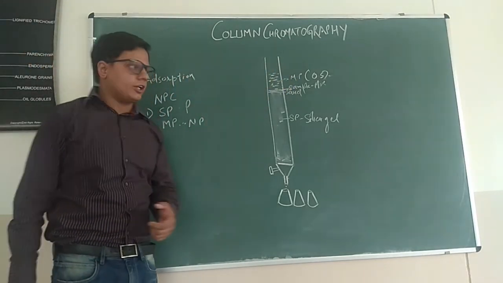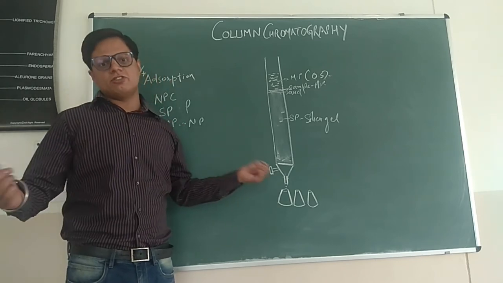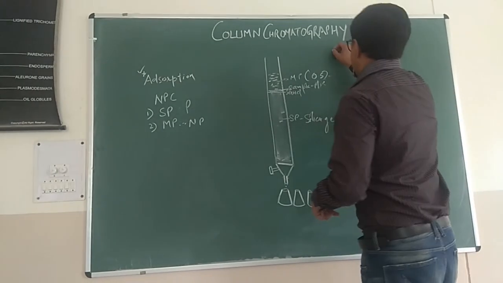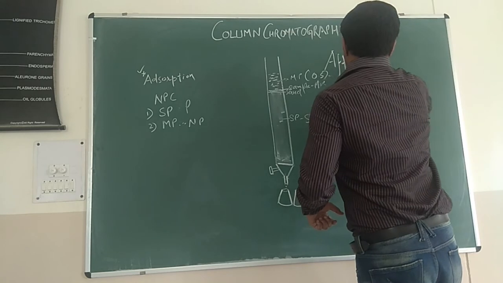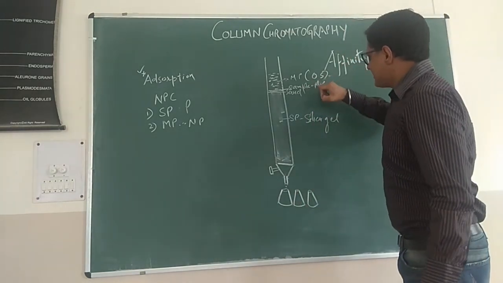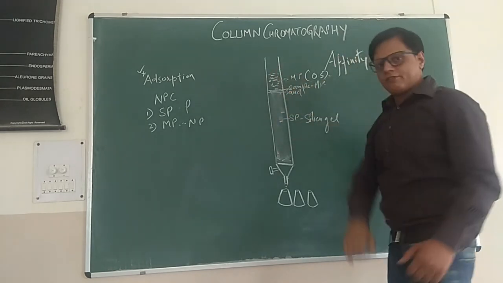So the main question: how does separation take place? How does purification take place? The answer is very simple. Separation takes place because of affinity, the affinity of the compounds present in the sample either towards the stationary phase or towards the mobile phase.